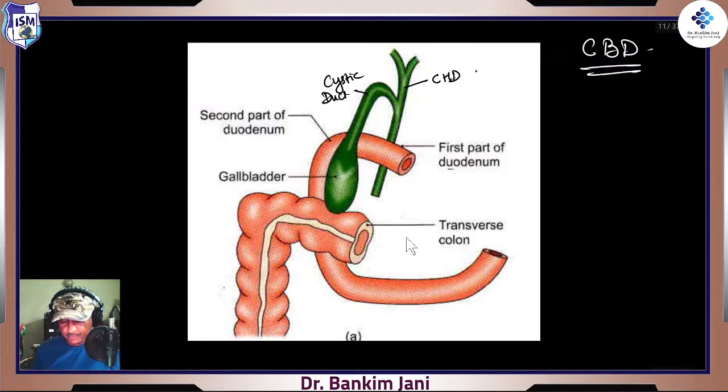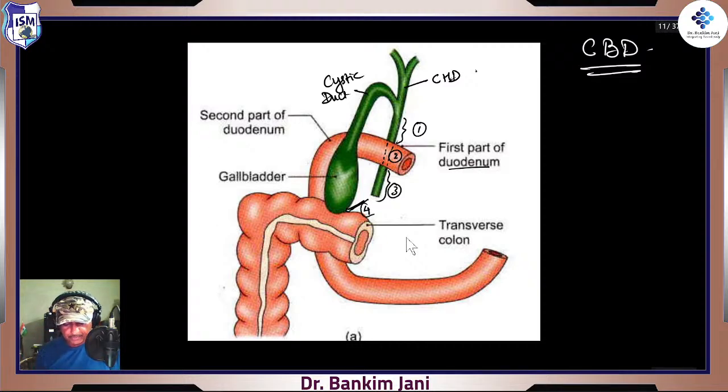That's D1, duodenum. So this portion is 1. Then there would be a second portion which is just behind the duodenum. Then there is a third portion. And then there would be a fourth portion which would be going into the D2.